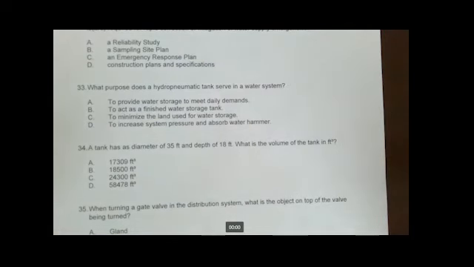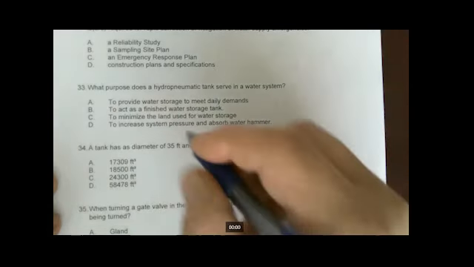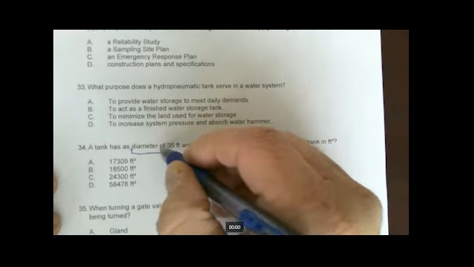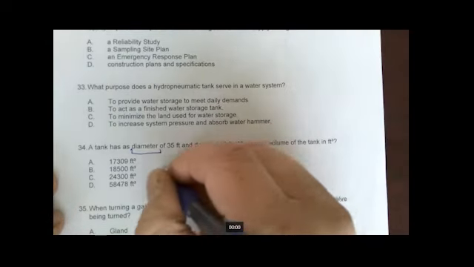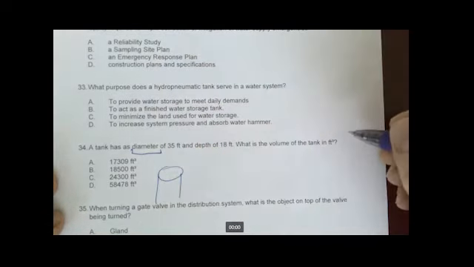And we have one more math question here. A tank has a diameter of 35 feet and a depth of 18 feet. What is the volume of the tank in cubic feet? Well, this right here, diameter, tells me that we're dealing with a cylinder.